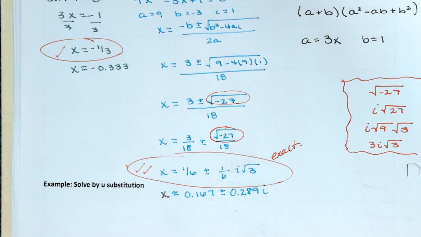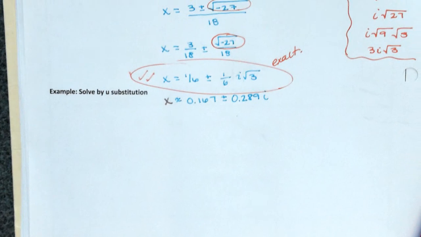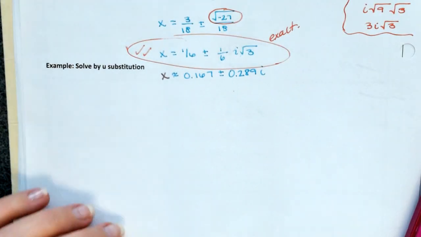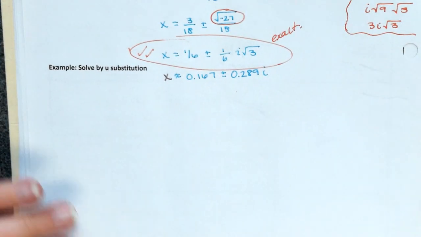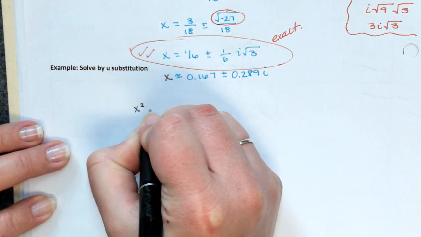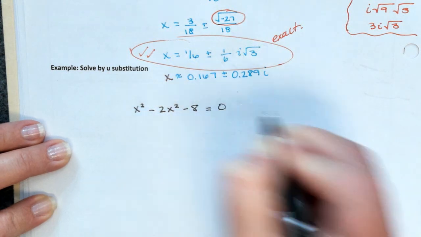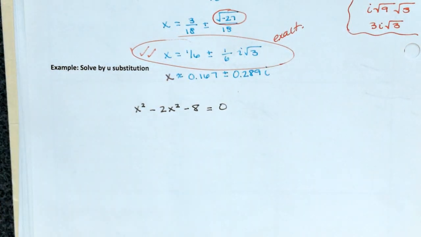All right. The last one I'm going to show you is by using U substitution. The problem that we're given here is going to look like a quadratic. It's 3 terms, kind of like a quadratic.